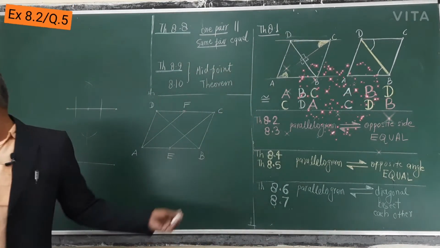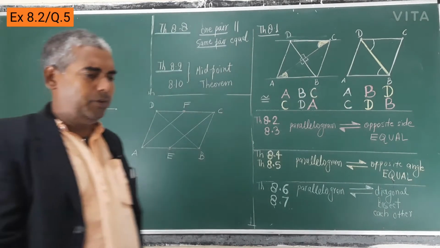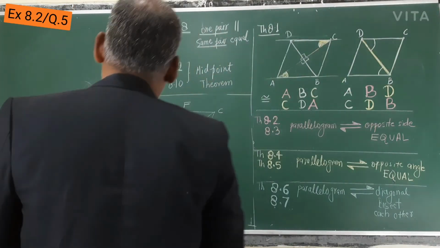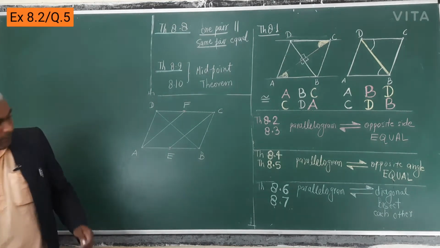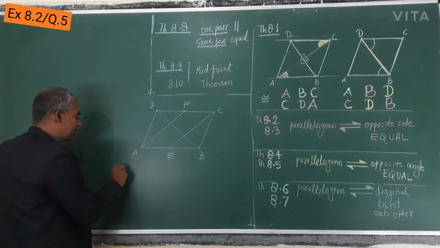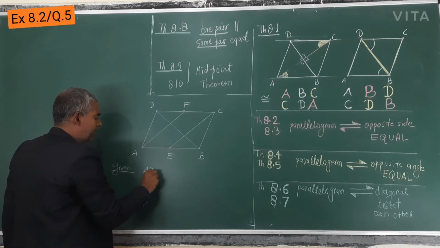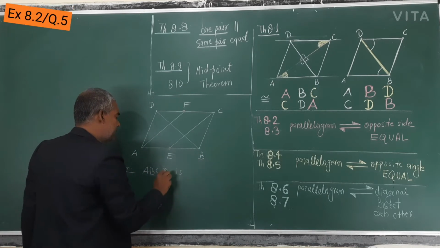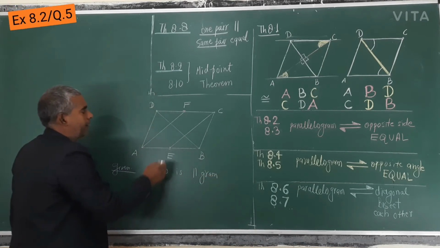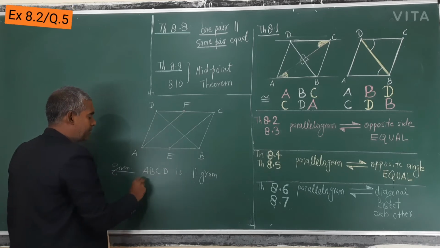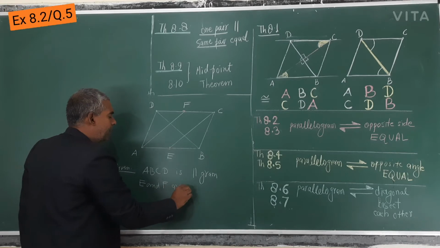Okay, so first of all, what is given, it is written, so you may write some points only. So write the given points. Given ABCD is a parallelogram. And E and F are midpoints.